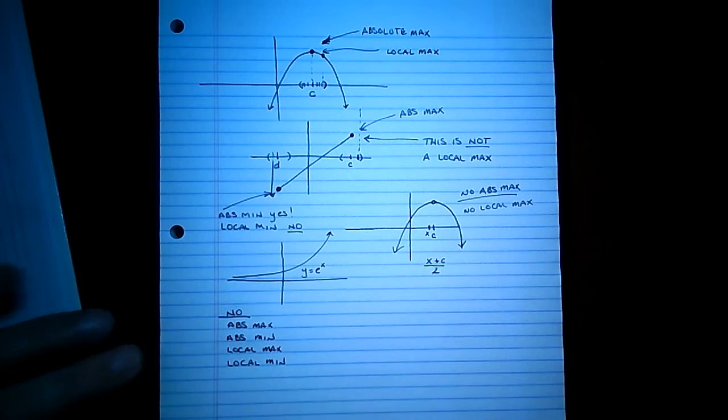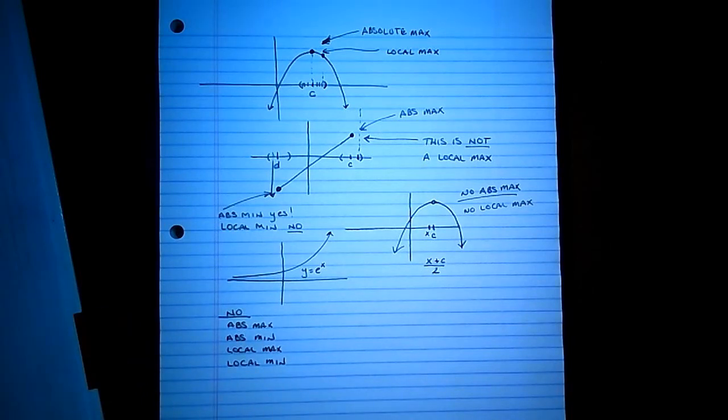This is what I was referring to a few minutes ago when I said they're not related in any shape, manner, or form, other than they have similar symbols in their definitions. So this graph doesn't have any of the four.